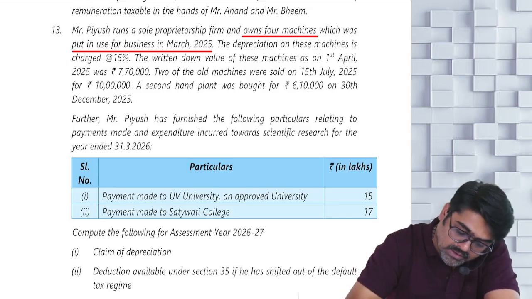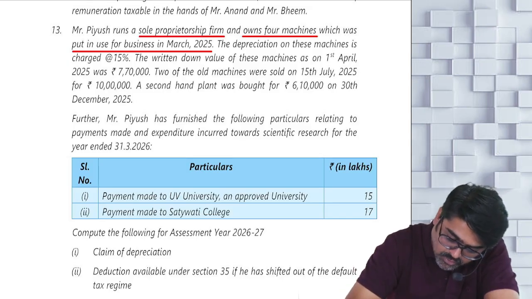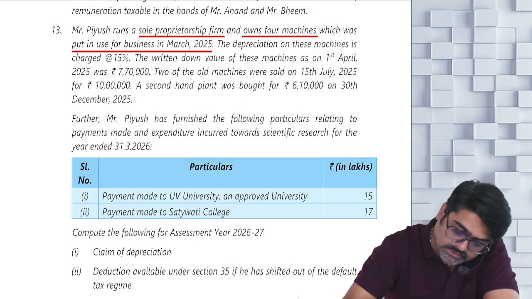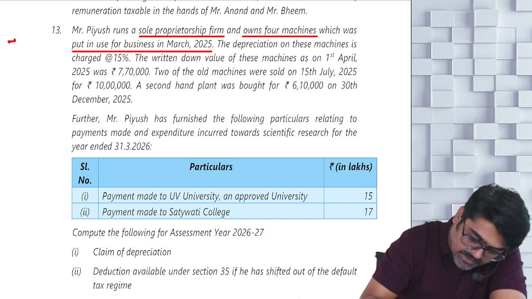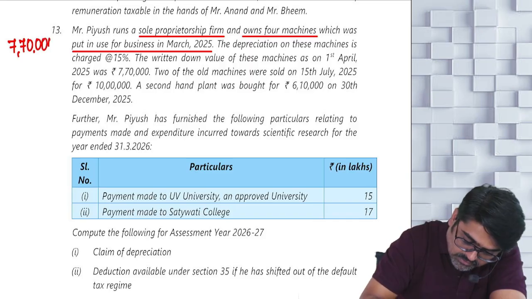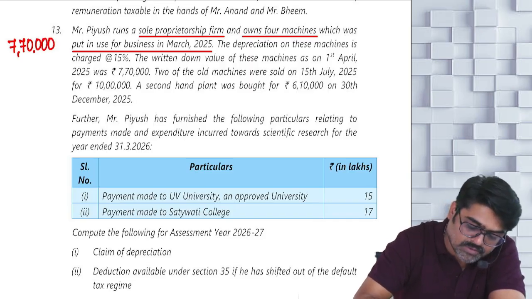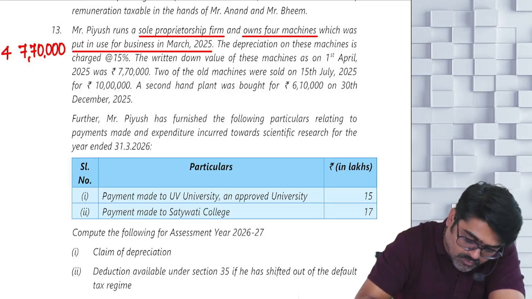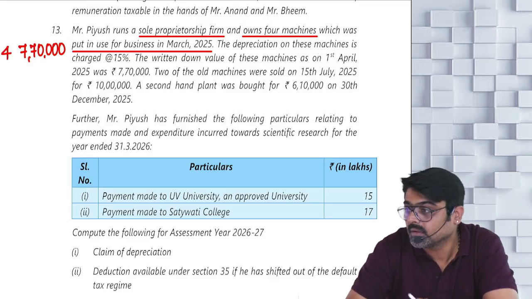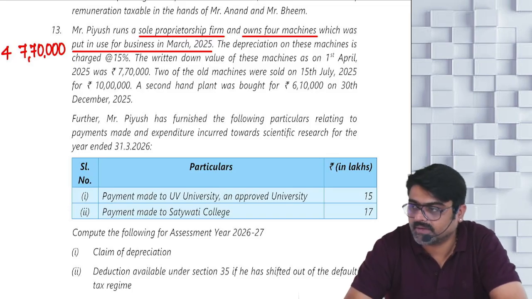In that sole proprietary firm, the opening WDV is 7,70,000. This is the opening WDV of the 4 machines in the block.